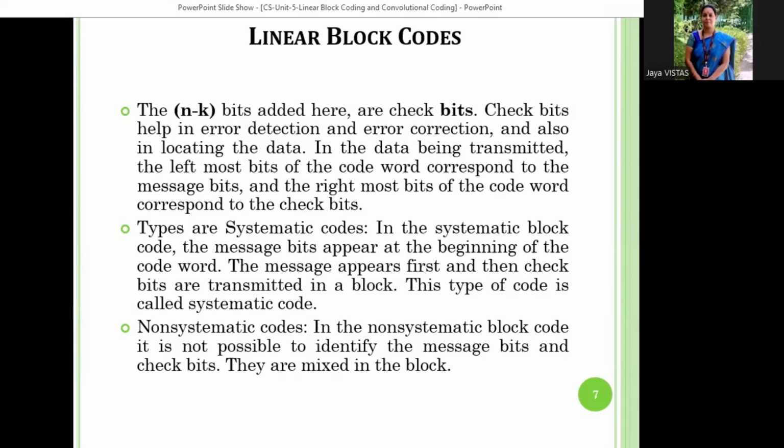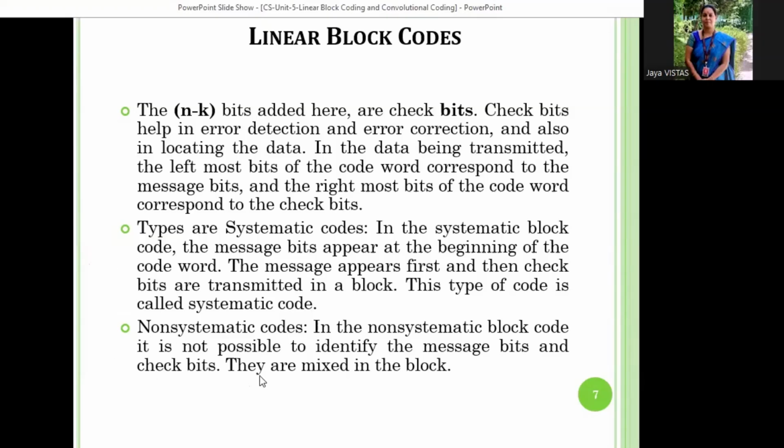The message bits appear first, then after that the check bits appear. So first message bits, then check bits are transmitted in a block. This type of code is called a systematic code.